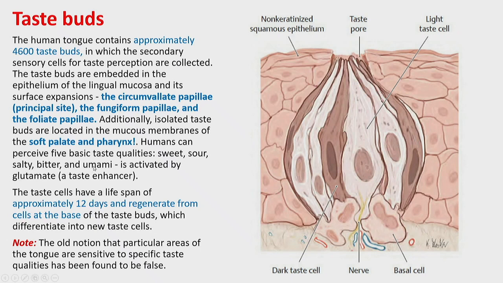Umami is a Japanese word meaning something like delicious, and it's the taste of meat, fish, or some vegetables like spinach. So it has a specific name, umami.